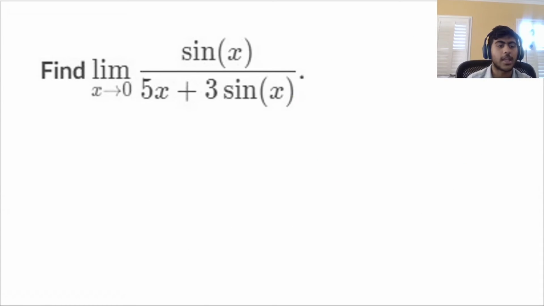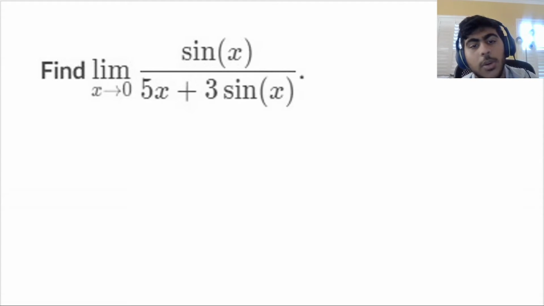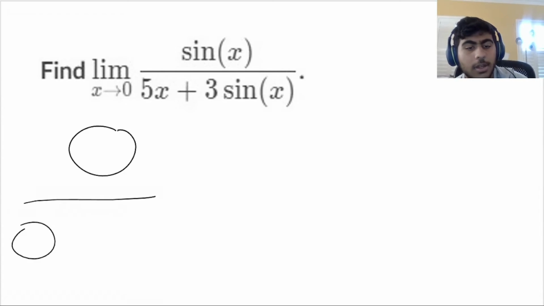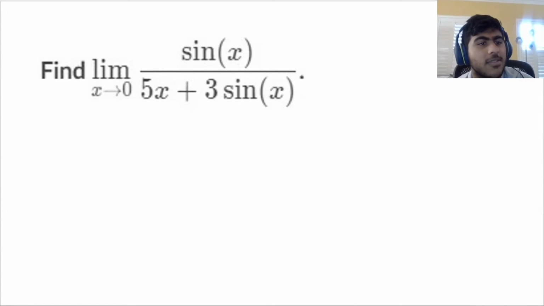Let's move on to the last question of this topic of L'Hopital's rule. Here we are. We're asked to find the limit of sine x over 5x plus 3 sine x as x approaches 0. We plug in 0 again, and we end up with 0 over 0 plus 0, which yields this now infamous form.